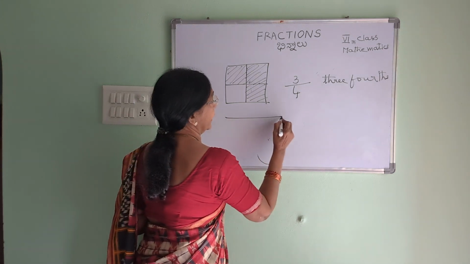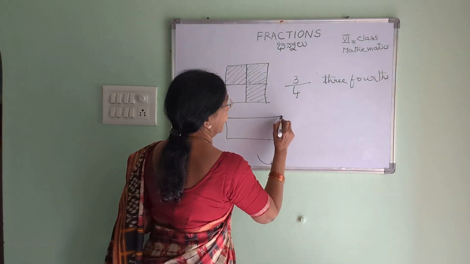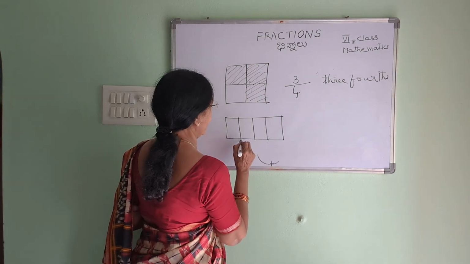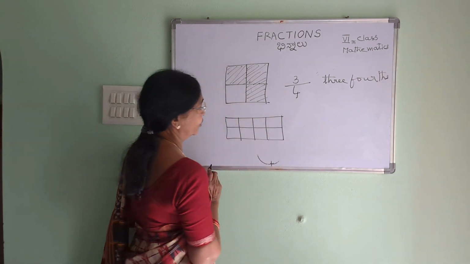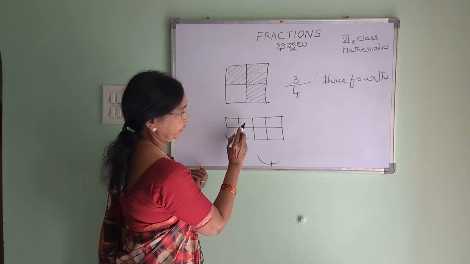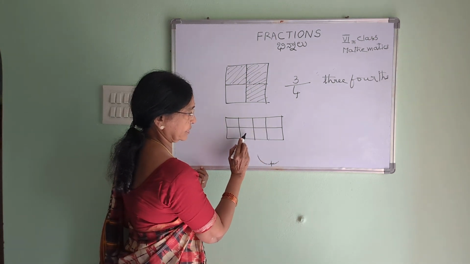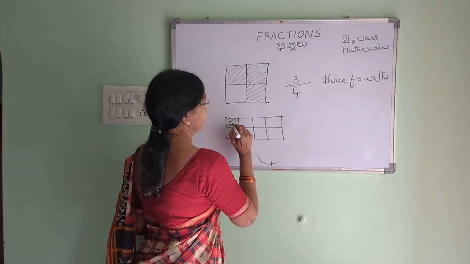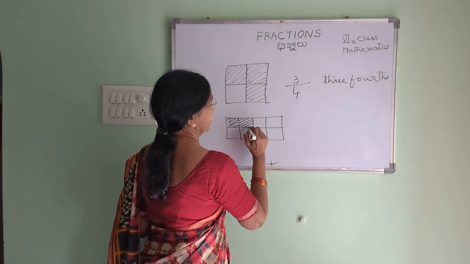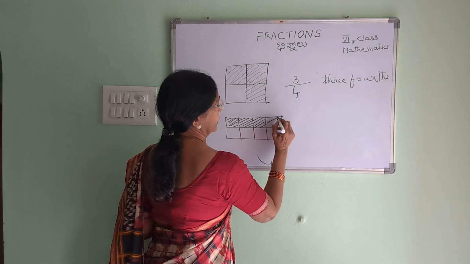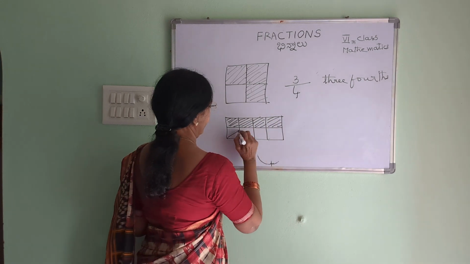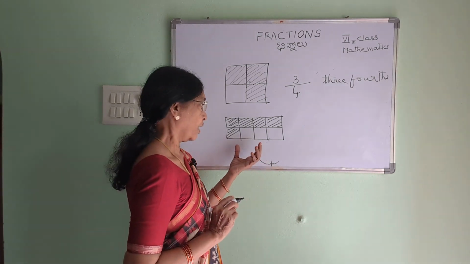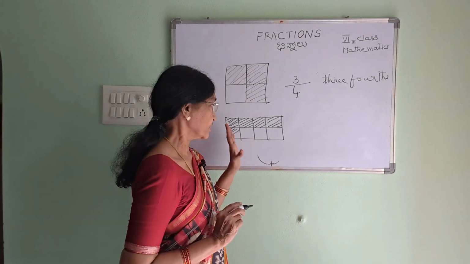And again take a rectangle. Divide it into some equal parts. How many equal parts are there? 1, 2, 3, 4, 5, 6, 7, 8. Shade 5 parts. 5 equal parts among 8 equal parts are shaded.